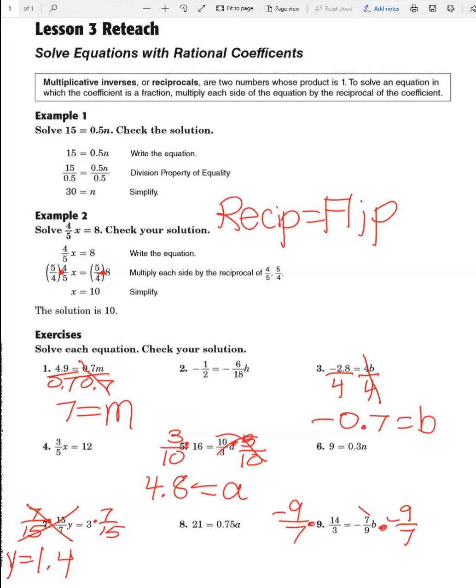The fractions on this side will cross out. Then we need to multiply the other side. -9/7 times 14/3 equals -6. Bring down your variable, and then that's your answer. -6 equals b. For your assignment, I want you to solve all of the even problems.